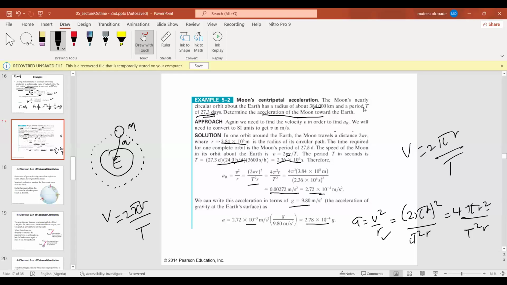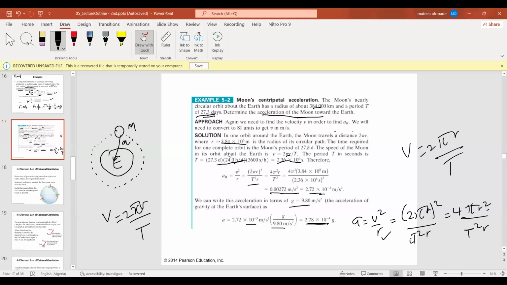You are dealing with celestial bodies, the moon and the earth, and the acceleration due to gravity is present between them. There is that force of gravity between them. That's why we say you can also write it in terms of g, so we divide by g. Is it clear? Yes, sir. Thank you, sir.